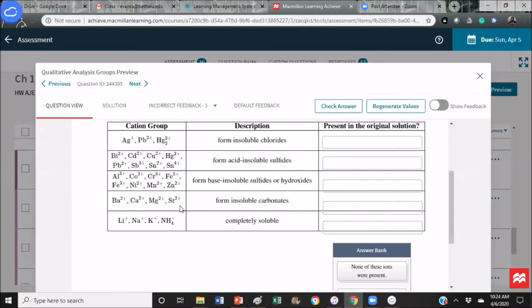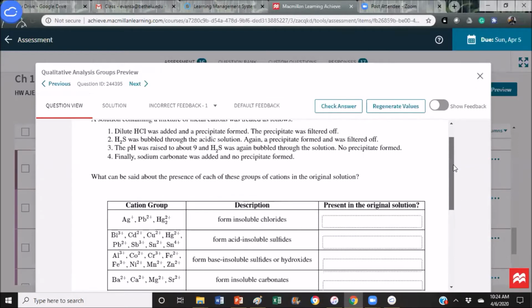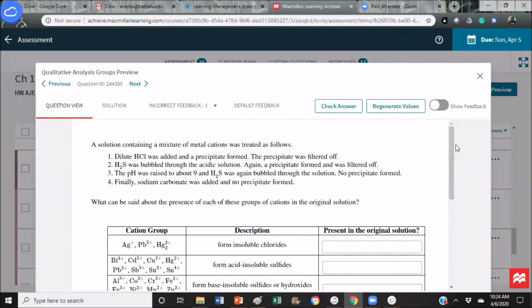Barium, calcium, magnesium, strontium will just form carbonates, and lithium, sodium, potassium, and ammonium will not form any solids at all. So you're getting a test tube with a bunch of metal in it, and you're testing to see what types of compounds you have.